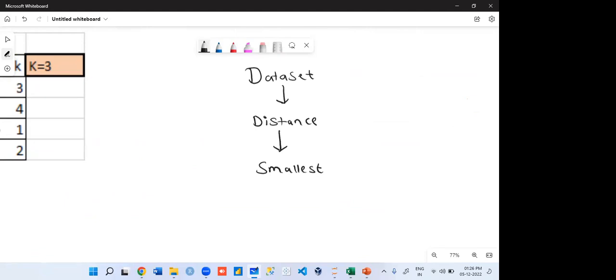Okay. After getting the smallest distance, we compute, I call as prediction. So prediction will be selected based on mode. Smallest distance is also called as nearest.